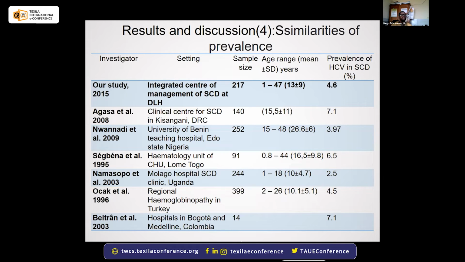It was also around the 3% that was found in Edo state of Nigeria, in Lomé in Togo, in Uganda, in Turkey, and in Colombia. So we had similar results with these different studies from our literature review.